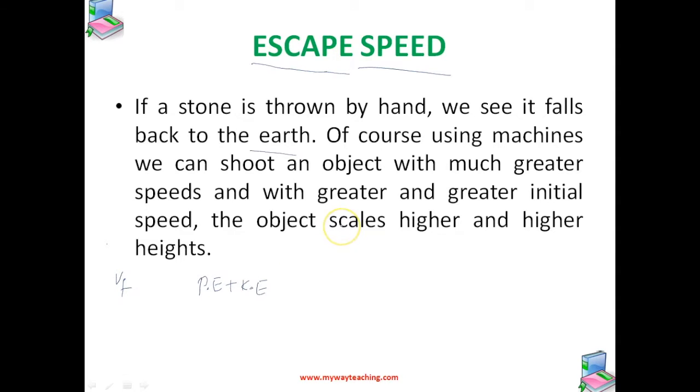As before, W1 denotes the gravitational potential energy of the object at infinity.